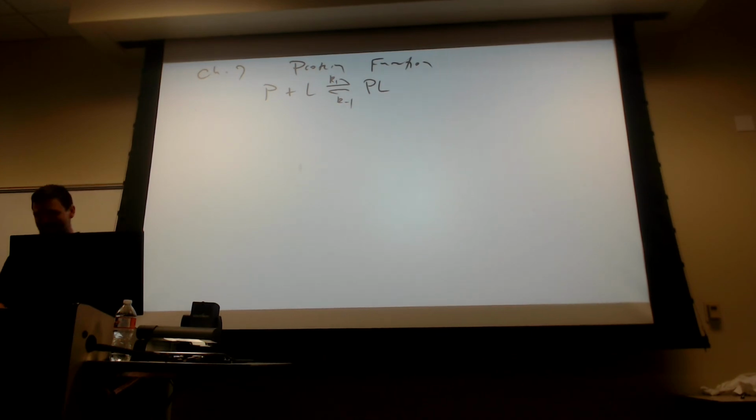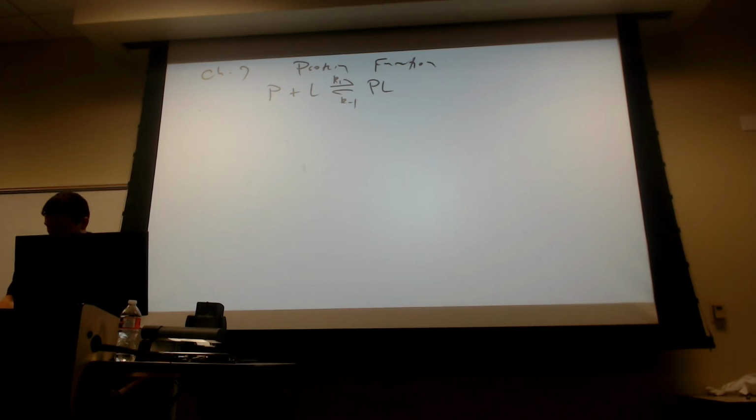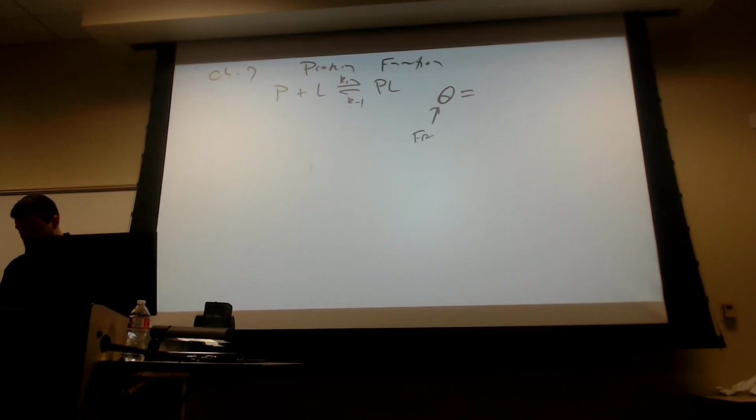But before we do that, let's talk about function. How do we actually evaluate this? We look at theta, the fraction of sites bound, which is equal to the ligand concentration divided by the ligand concentration plus KD.